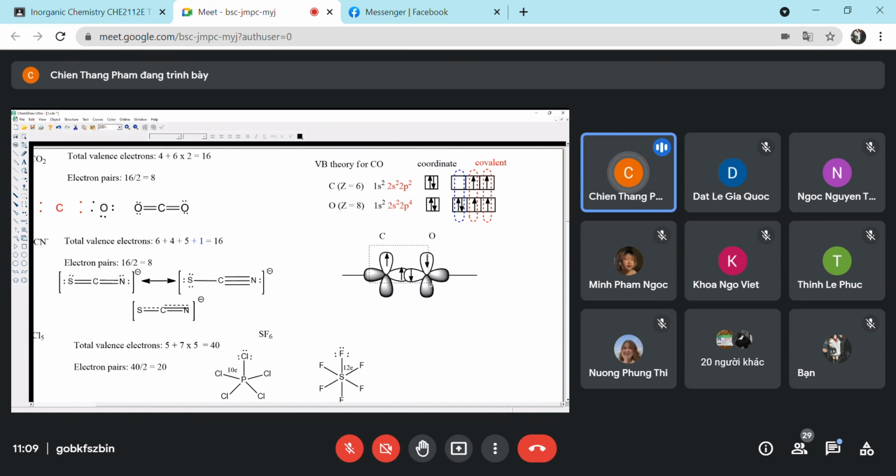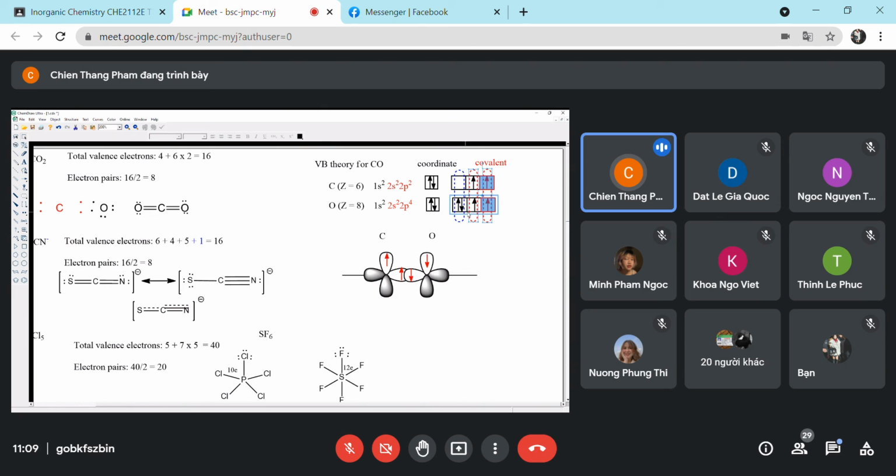We should draw this one in red color. First one is red color, second one also red color. Why red? Because it was drawn in red here. Maybe keep the red color, it's easy for you to understand.